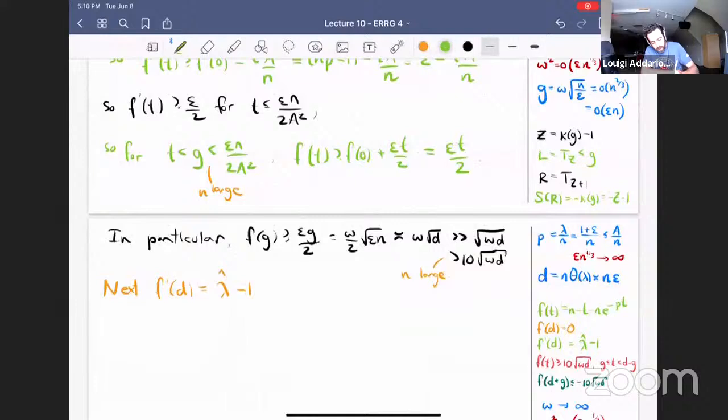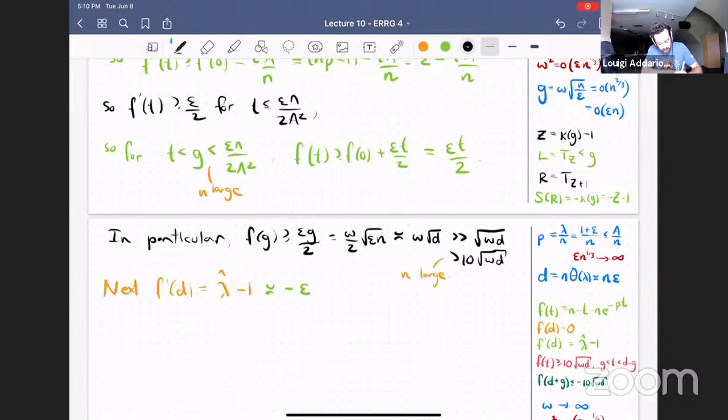And we saw in previous lectures, or I stated, I actually left it as an exercise, that lambda hat is on the order of 1 minus epsilon, up to constants. So lambda hat minus 1 is on the order of minus epsilon.